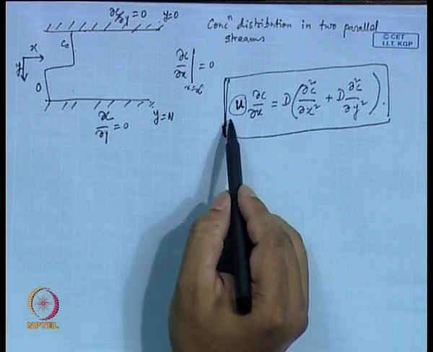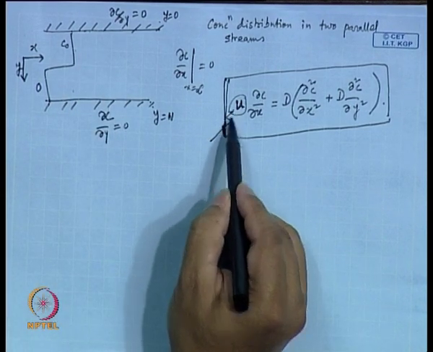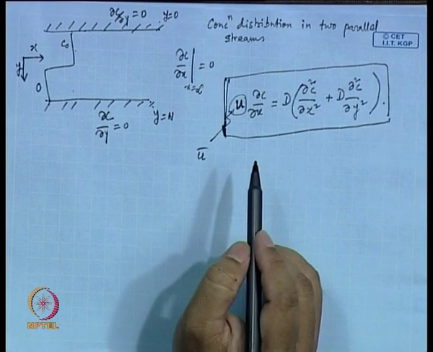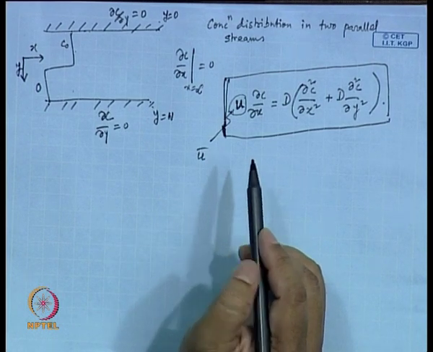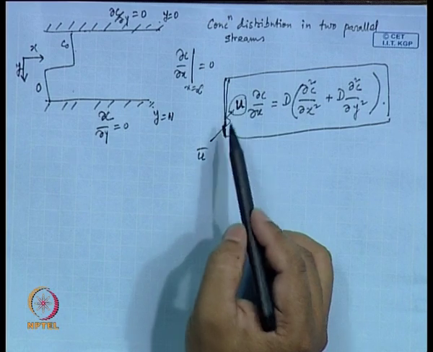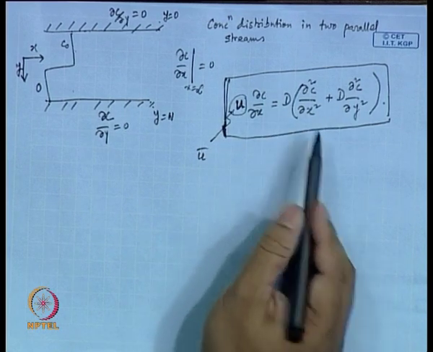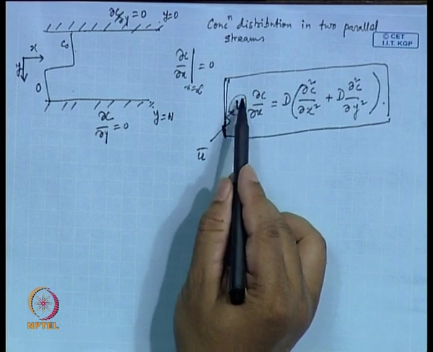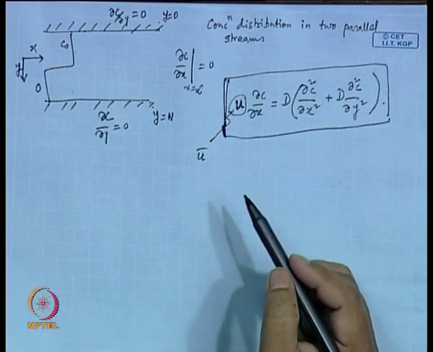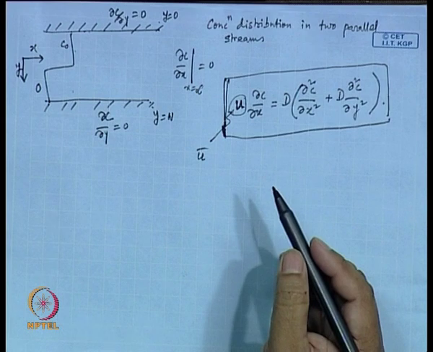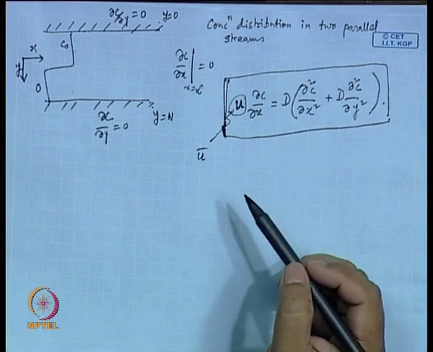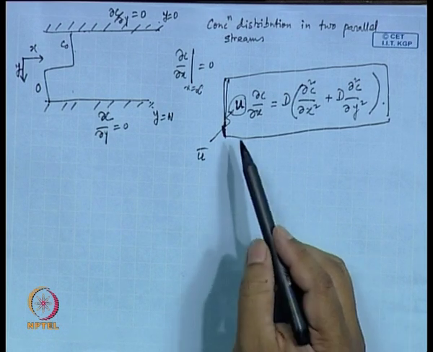However, if somebody assumes this u to be u bar, which is the average velocity, then probably there is an analytical solution available to this system of equations. But if you bring in the velocity profile itself with y, then probably you need to go to the numerical solution.